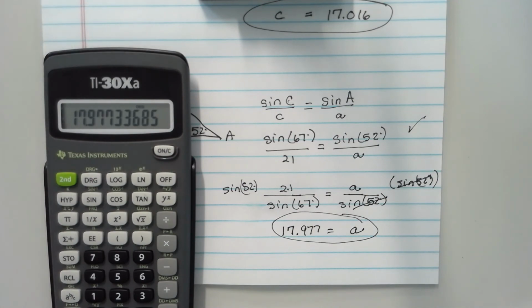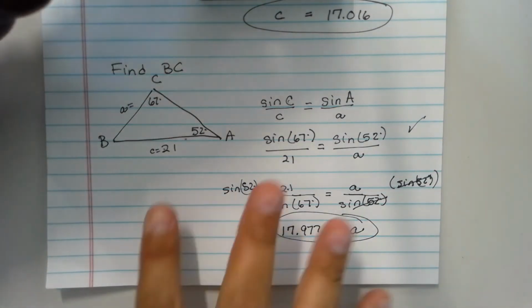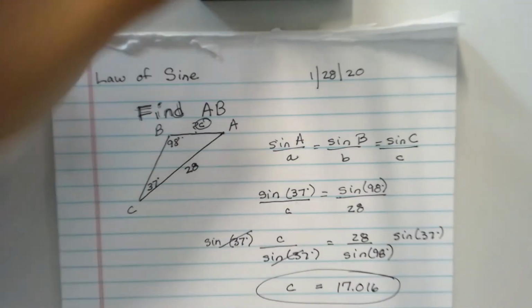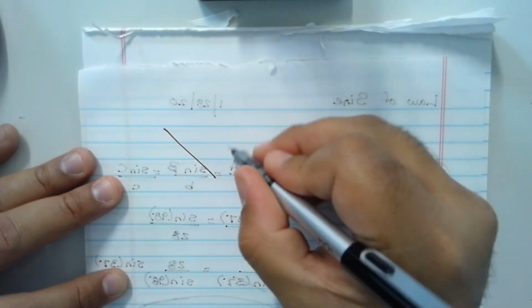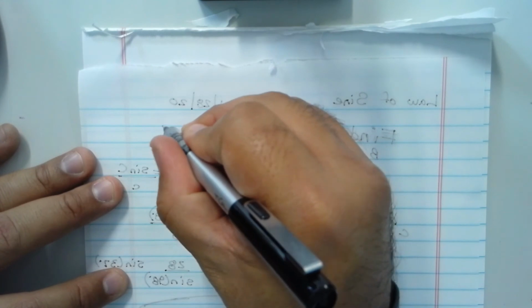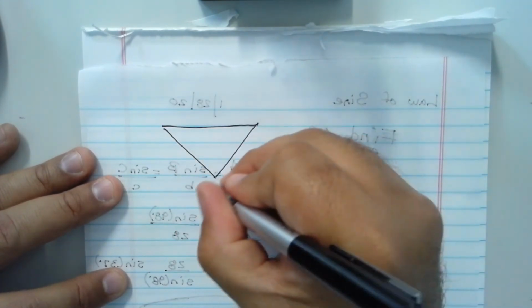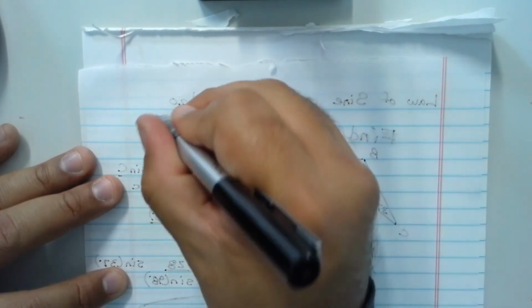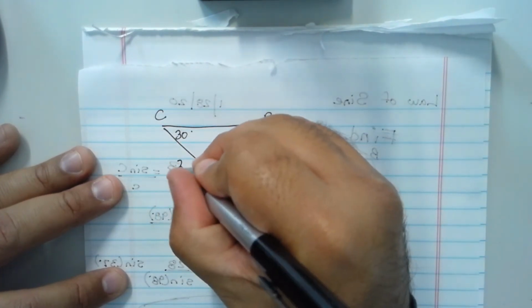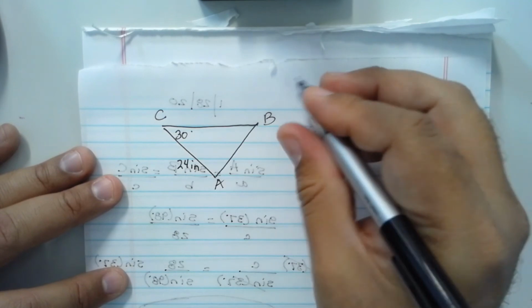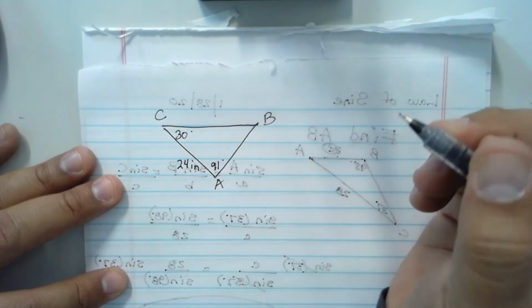So here goes the next one. Find BC. So we have this triangle A, B, C, with 30 degrees, 24 inches, 91 degrees.